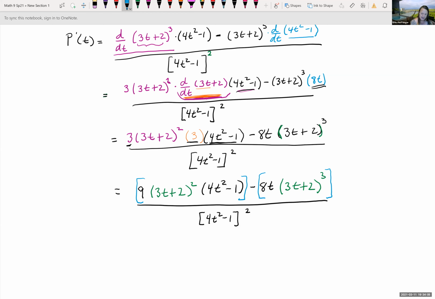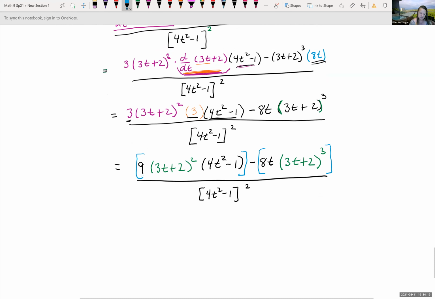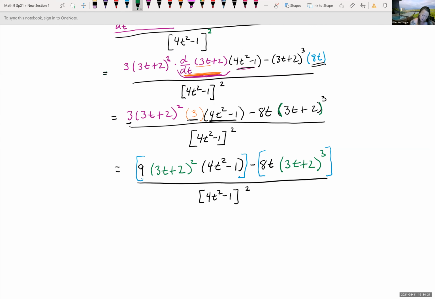So first thing I would look at is, do my numbers have anything in common? Does 9 and 8 have anything in common? And they don't. But I notice that 3t plus 2 quantity squared and 3t plus 2 quantity cubed have 2 of those in common. So we can pull out a 3t plus 2.